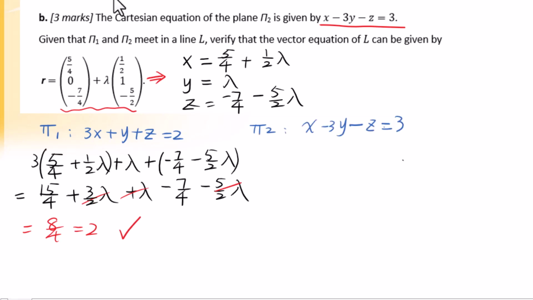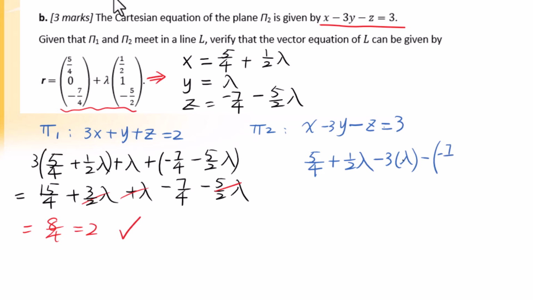Let's go to π2. Still do the substitution. 5 over 4 plus 1/2 lambda minus 3 times lambda minus (-7 over 4 minus 5 over 2 lambda). Simplify.